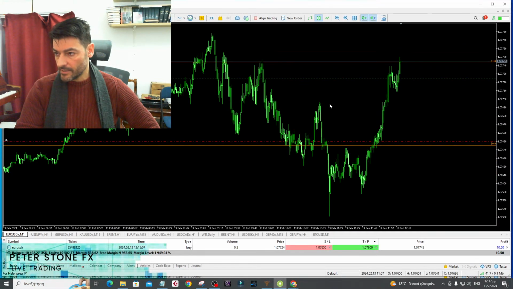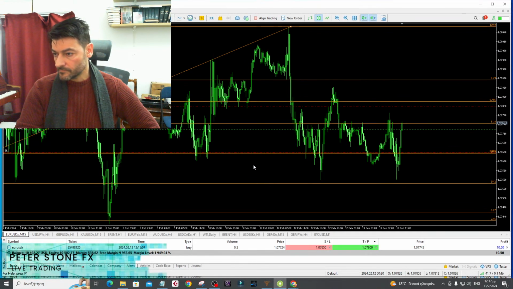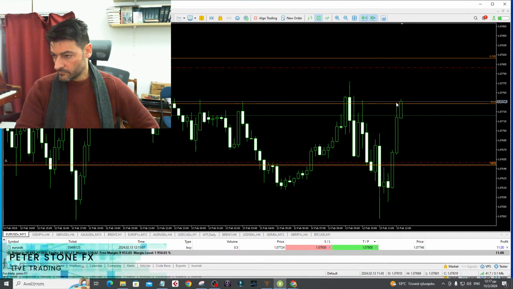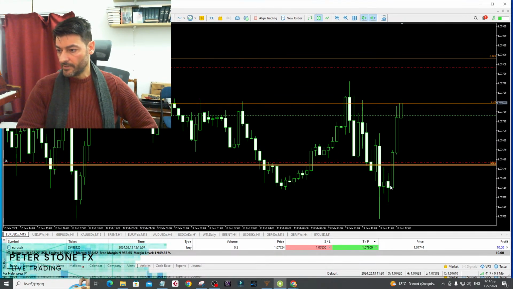And this is my challenge. So we have created the fair value gap here and a bullish order block actually. So price could go here and then go upwards.